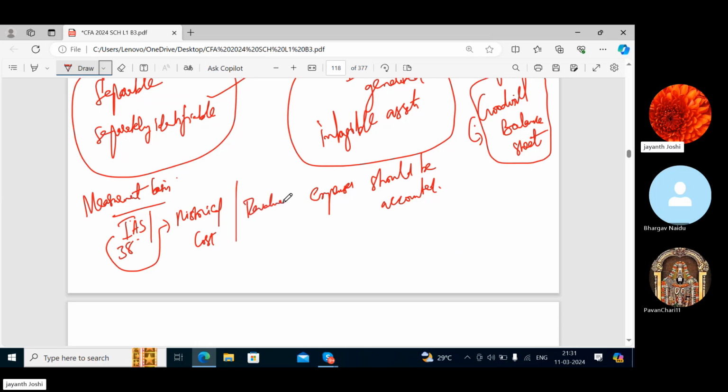The same treatment you use for tangible assets is applicable for intangible, less historical cost and less accumulated amortization. Instead of depreciation, the word I'm using here is amortization. Accumulated amortization should be deducted.